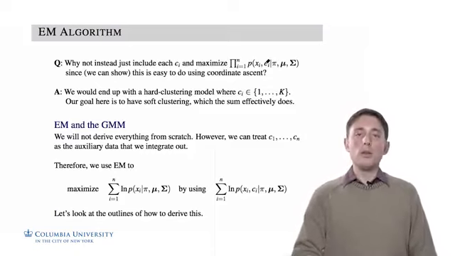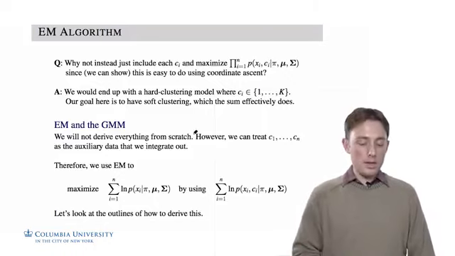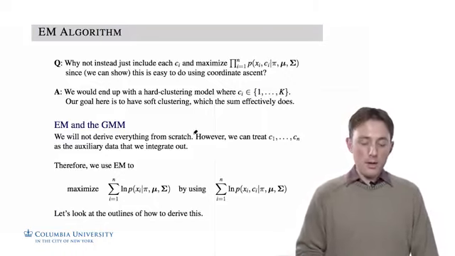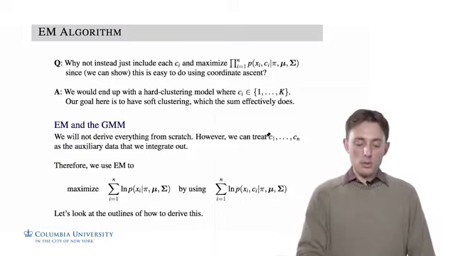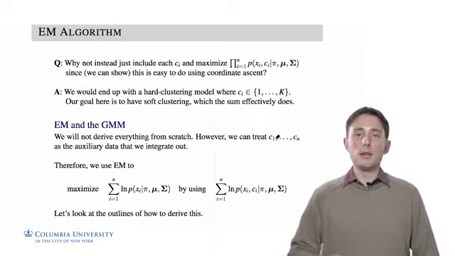So we're not going to derive the EM algorithm from scratch. I'll just give the outline in this lecture. However, to repeat, we do treat these cluster assignment indicators as the latent data, the missing data in our model that we want to integrate over.